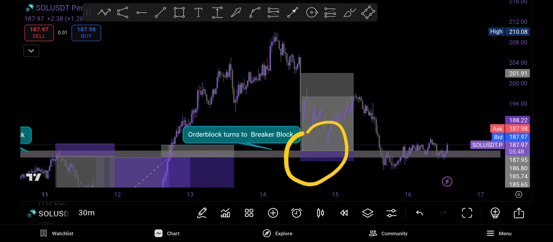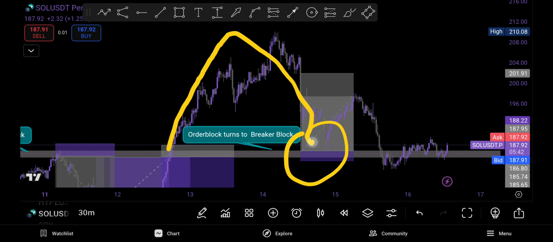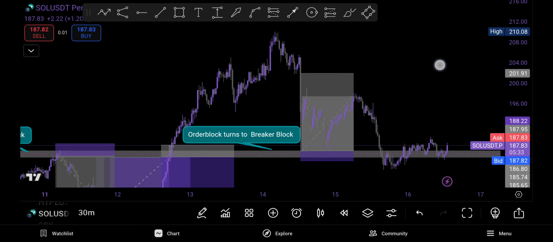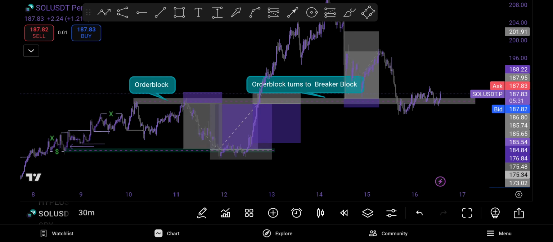After the market breaks the order block, it retests, which was my entry. Then it picked. Check it. The market went back up. So that's how order block and breaker block work.